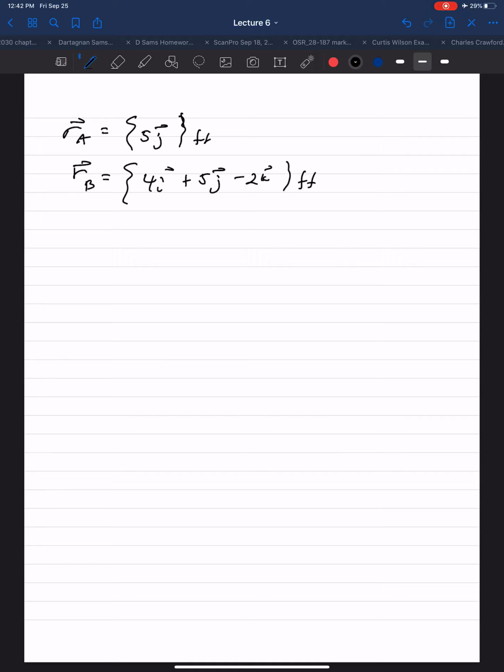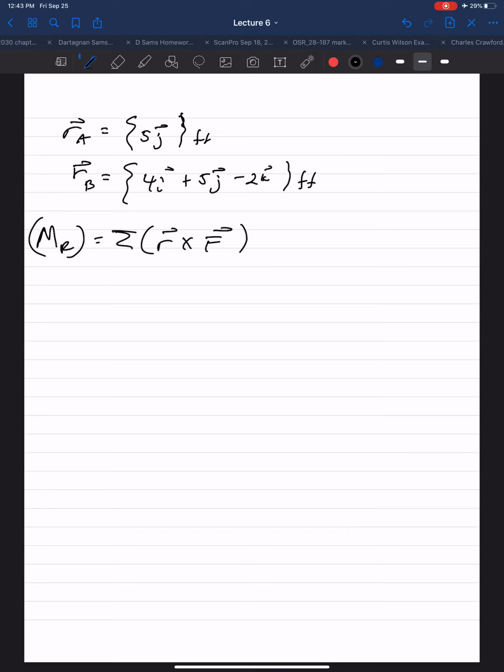So then our resultant moment of both forces about point O is the sum of each moment. So it's R cross F for each force.